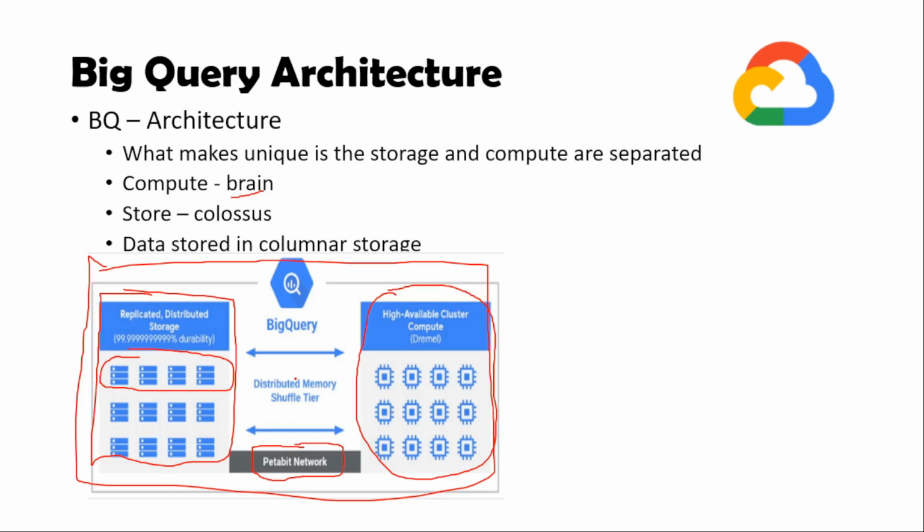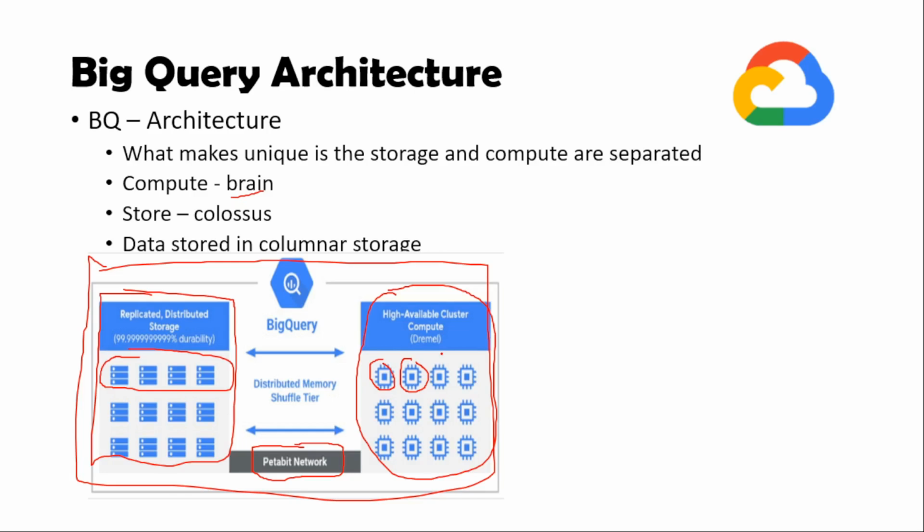Now let's see how the compute section is organized by itself. The compute section has many nodes. These are called independent nodes, or you can call them worker nodes, workers, computational units, or computational resources, however you like. These are typically machines, or slots.